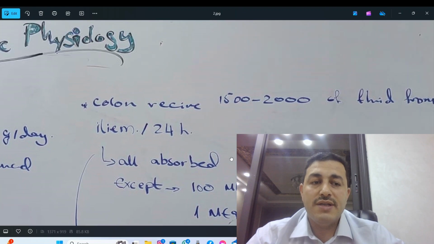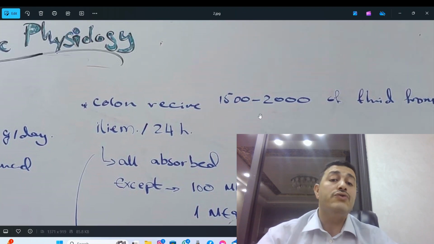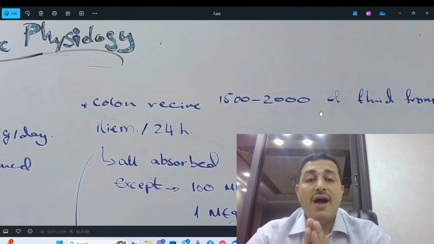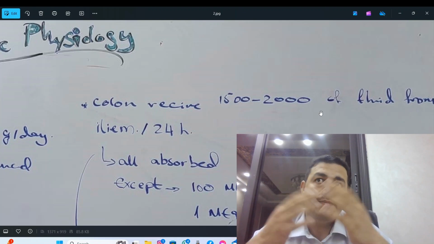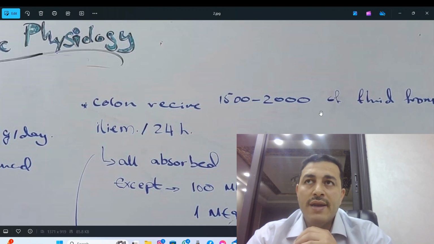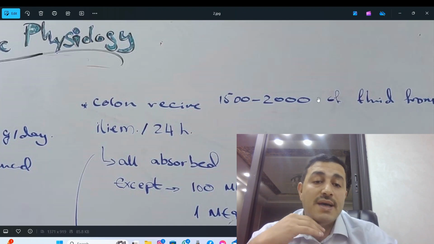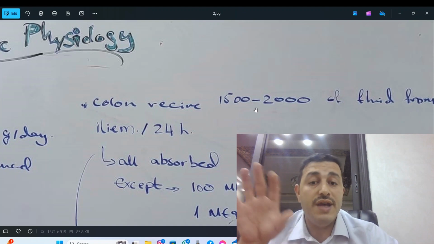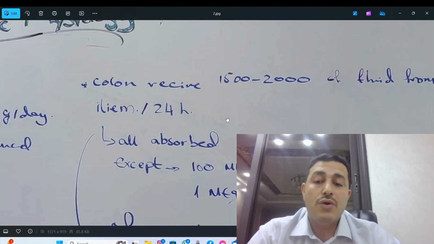Okay, this is a nice information, that the colon receives about 1.5 liters up to 2 liters of fluid from the ileum. So you can imagine that not all this amount is evacuated, so there is absorption in the colon.